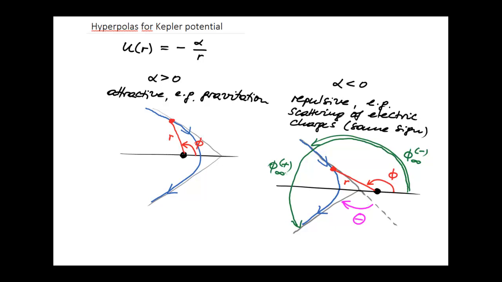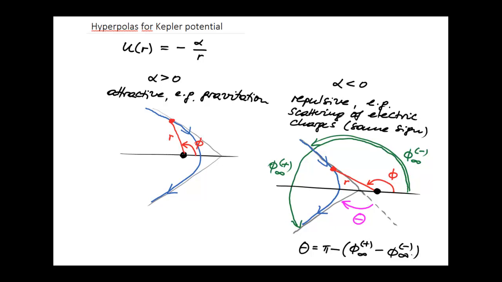You recognize from this drawing that there's a relationship between the scattering angle theta and these two asymptotic angles phi plus and phi minus. And the relationship is that the scattering angle theta is pi minus the difference of phi plus and phi minus. So you look at the difference between the two green angles, the two asymptotic angles.